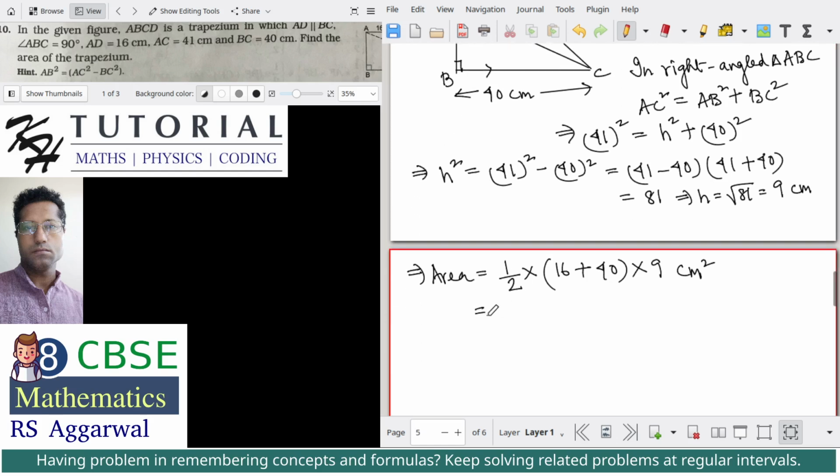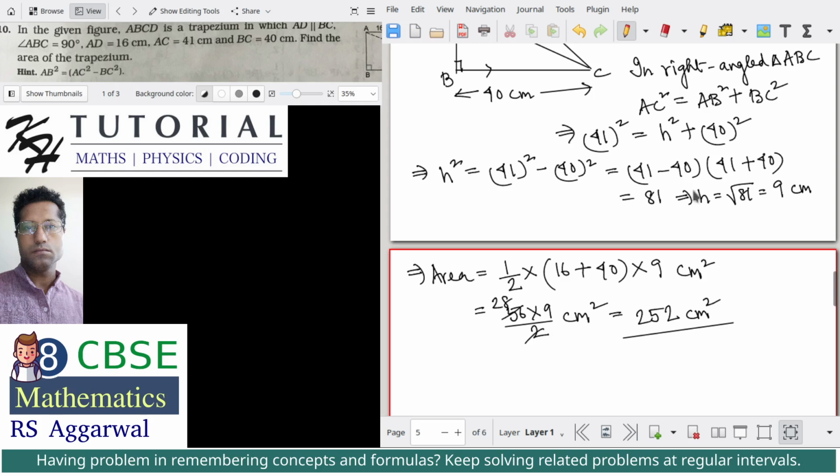So this is equal to 16 plus 40 is 56. 56 multiplied by 9 divided by 2 centimeter square. So 2 divides 56 with 28. So this is equal to 252 centimeter square. Question number 10 is 252 centimeter square.